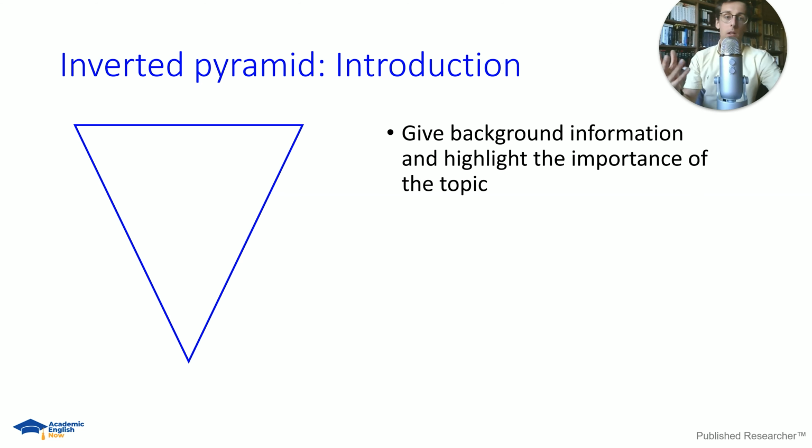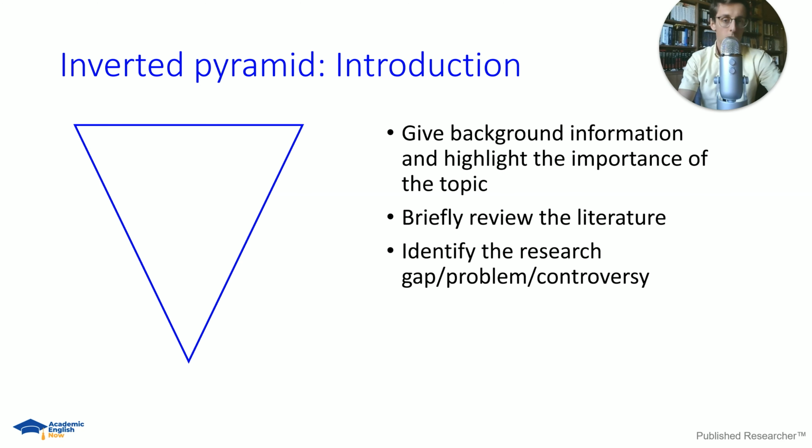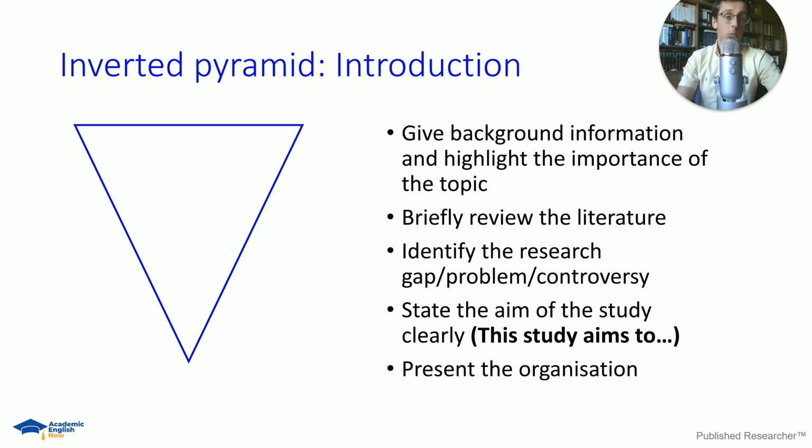We usually start with highlighting the importance of the topic, maybe giving a definition of the key term, and then we briefly review the literature, identify the research gap or problem, state the aim, and present the organization. Okay, so you can see how we go from general, like the importance of the topic, to very specific, like the aim. That the aim is really the so what, it's our pyramid apex in the introduction.